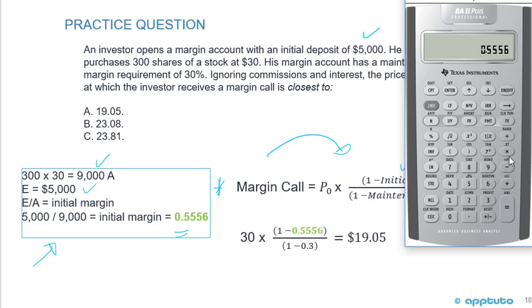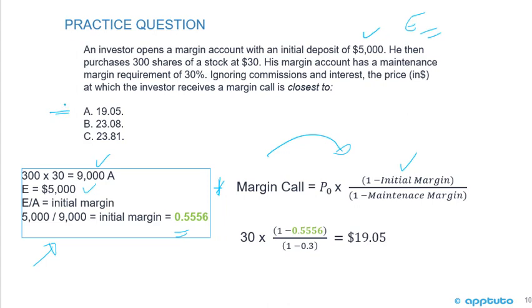I'm using 4 decimals here; it's going to be close enough anyhow. Divided by 0.7, which I can do in my head, and I'm going to multiply by my initial $30 stock price, and you're going to see that I'm going to receive a margin call at closest to A, $19.05. So in this case, the correct answer is A.